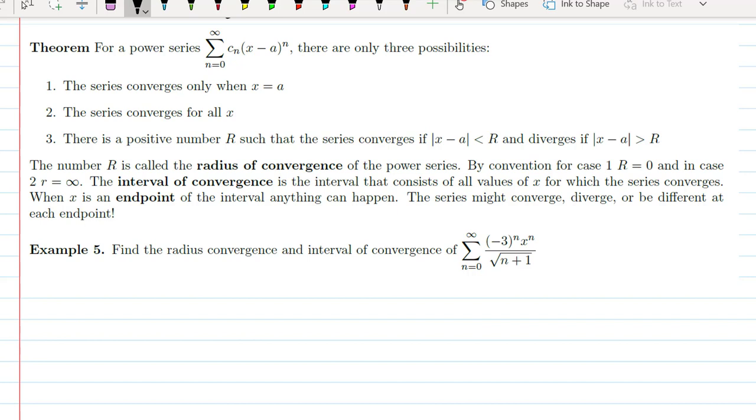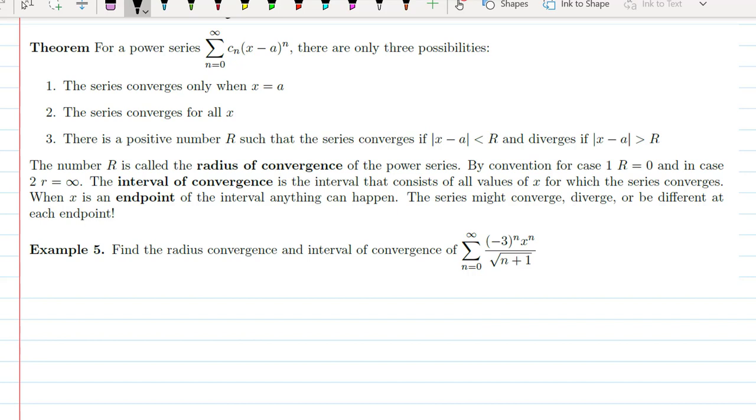The number r is called the radius of convergence of the power series. By convention, for case 1, r equals 0, and in case 2, r equals infinity. So if it converges only at its center, we say the radius is 0. And if it converges for all real numbers, then we say that the radius of convergence is infinity.